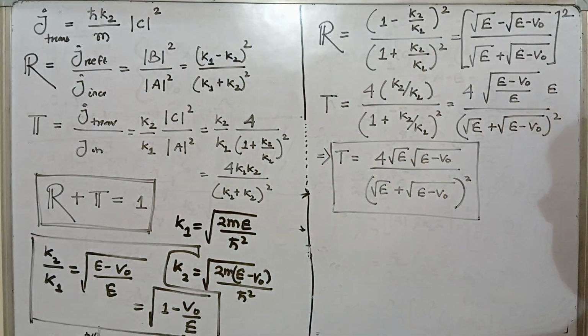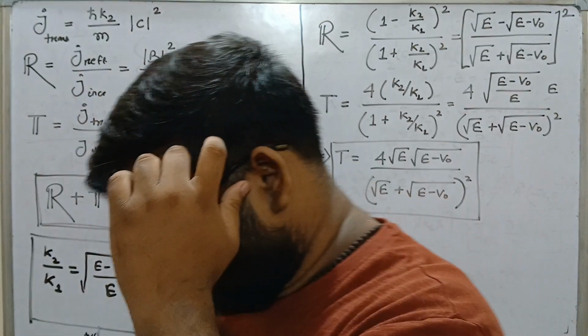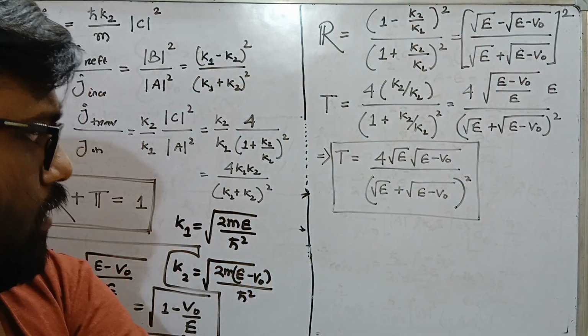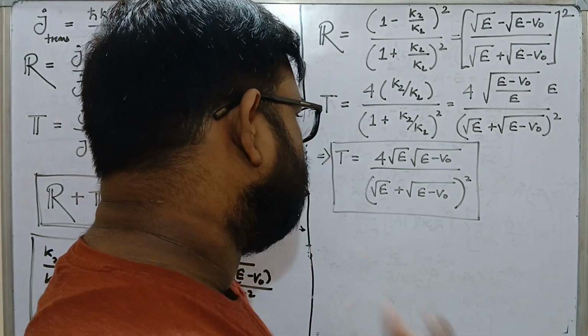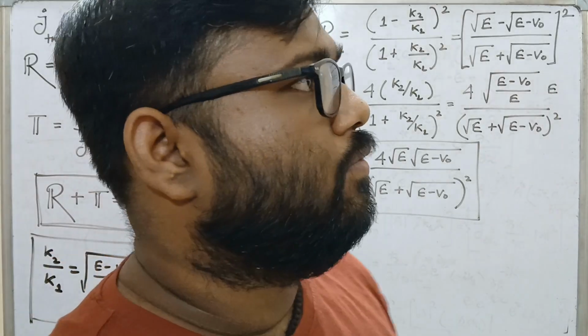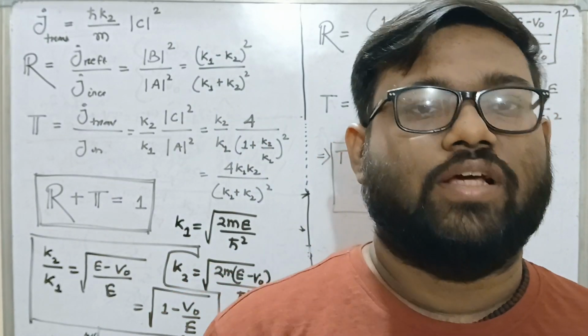Now one more question that comes in this kind of numericals is, what if E is very much greater than V naught?